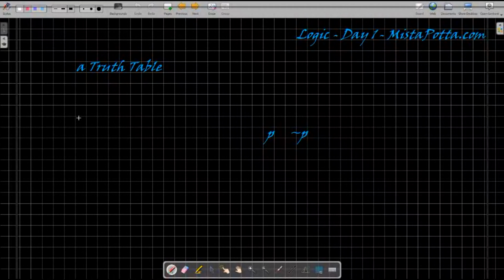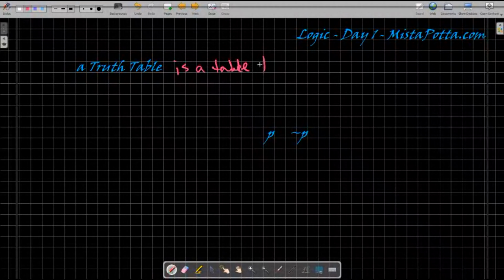So, the next thing I wanted to talk about is, in logic, we're really, really concerned with when a statement is true and when a statement is false. So, I mentioned that we have a tool to determine when a sentence is true or when a statement is false, and that's a truth table.